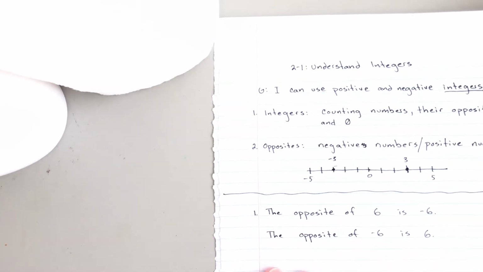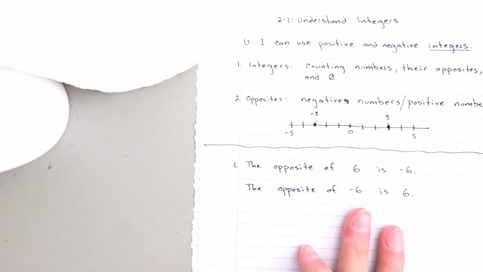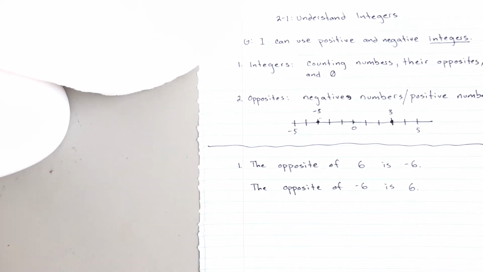And here comes the tricky part, because you will see this, and I know you will have questions about this, so please pay attention. All right, so the way that they have it in this book, they represent the opposite of -6 in a way that might confuse you, right?